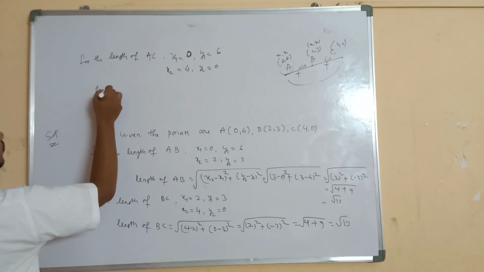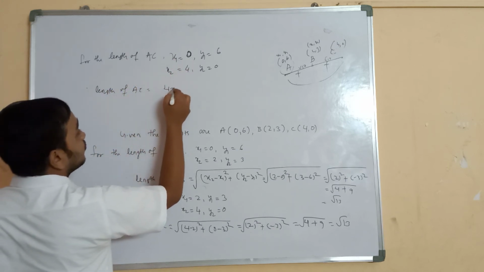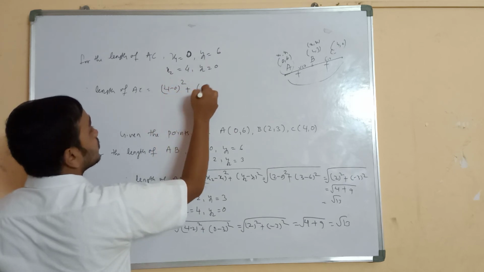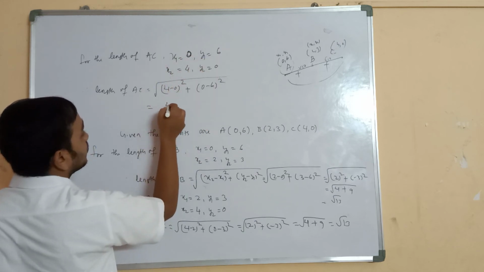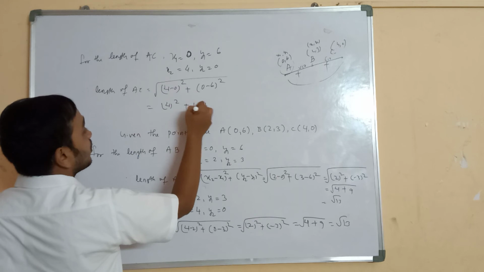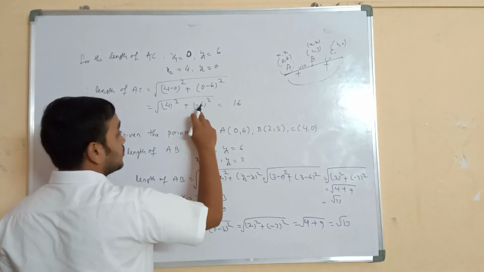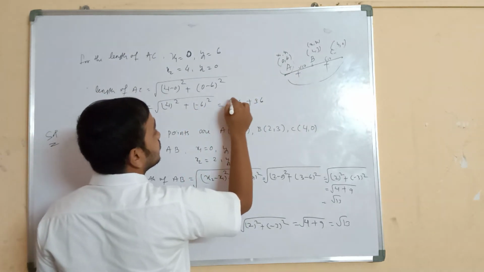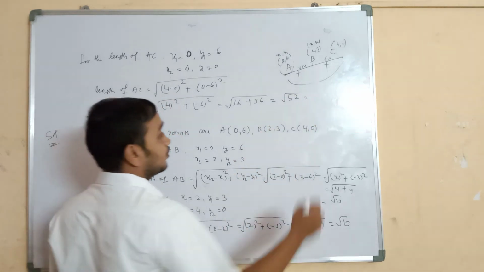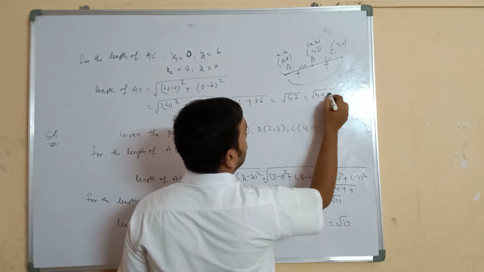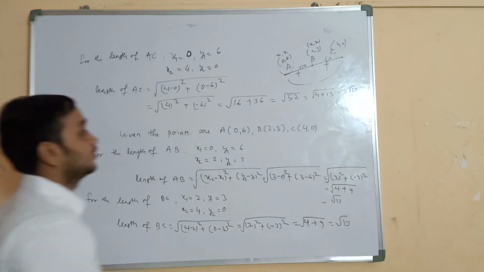Therefore, length of AC is the same formula: 4 minus 0 whole square plus 0 minus 6 whole square, that is 4 square plus minus 6 square, 16 plus 36, that means 52. Root 52 is root 4 into 13, so 2 root 13.